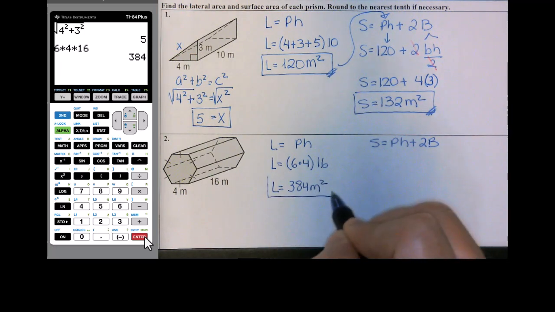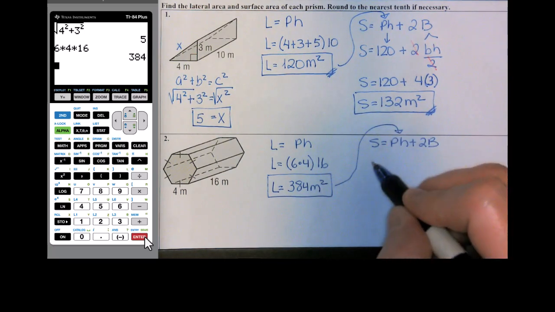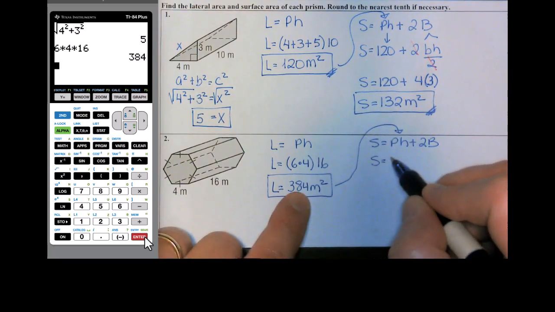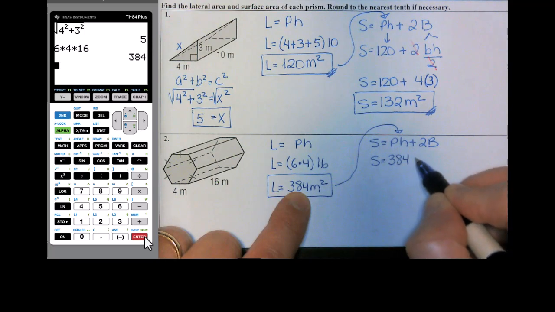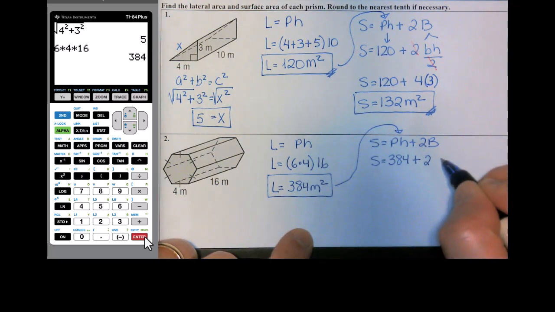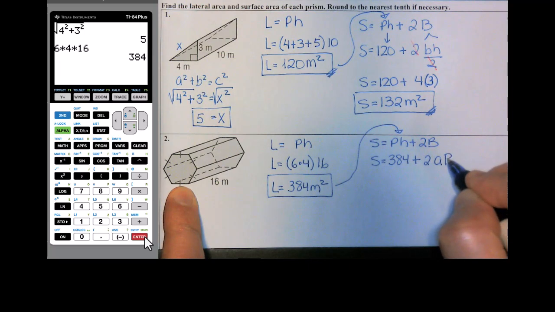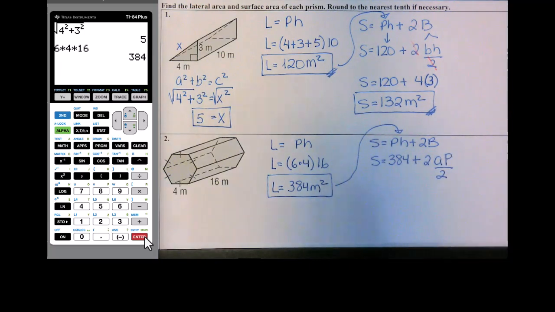Very well. And just like before, we already have a head start on the surface area because we have this number, 384. Now we are going to plug it in the formula, which for the area of the base, which is a hexagon, would be apothem times perimeter divided by 2.